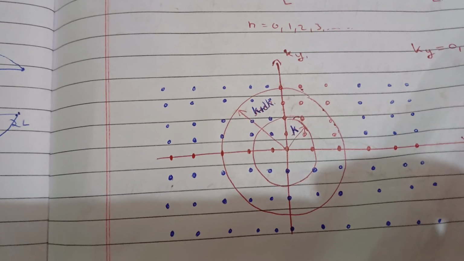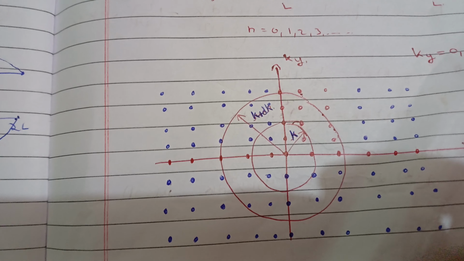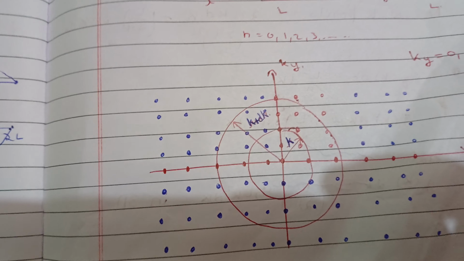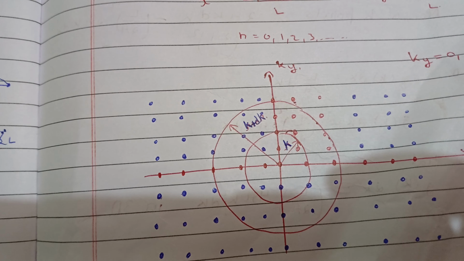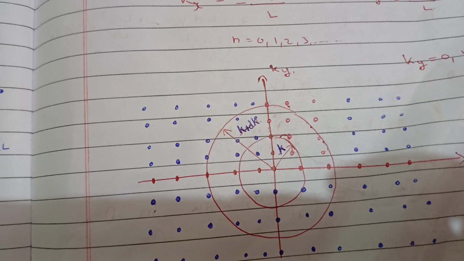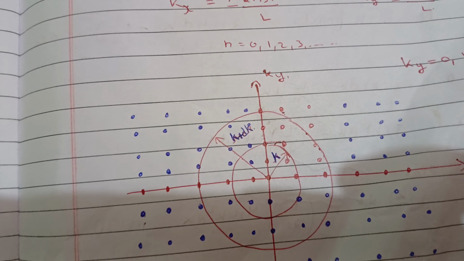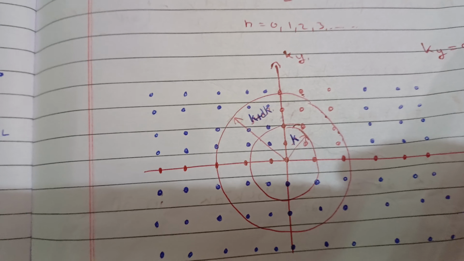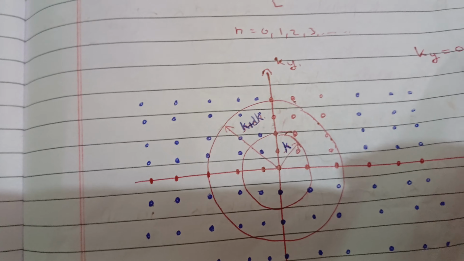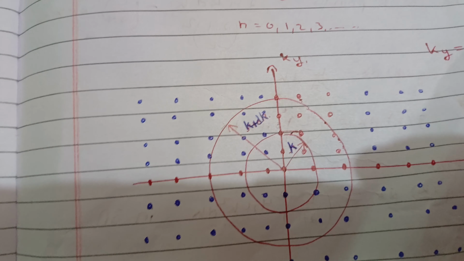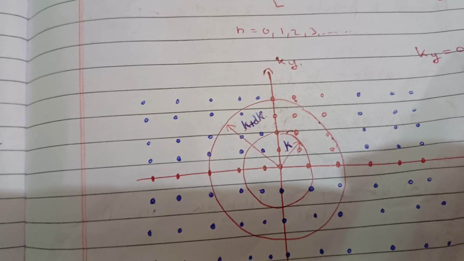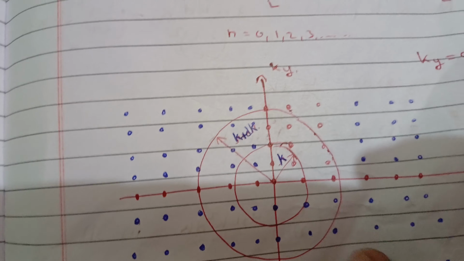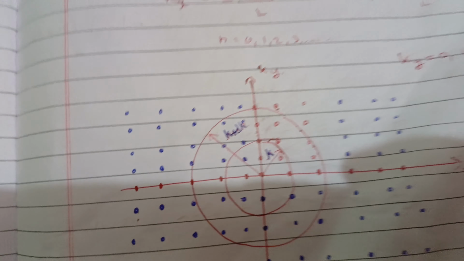Likewise in the 3D case we can assume big spheres, so there will be an annular region between them, between radius k and k plus dk, and we get volumes. Now we divide by the volume of cubes, where each cube gives us one mode, so we divide this annular region volume by one cube.